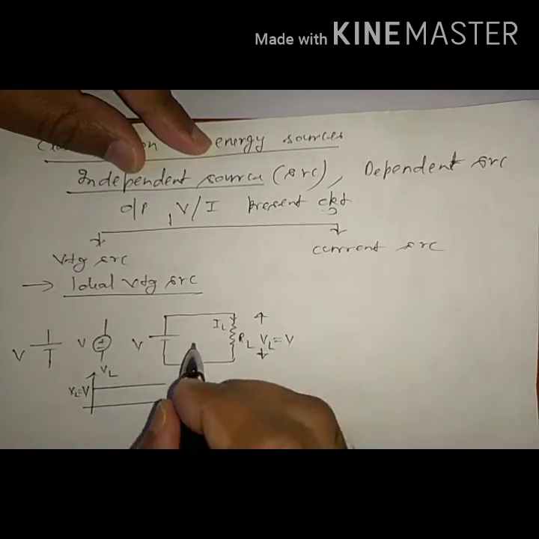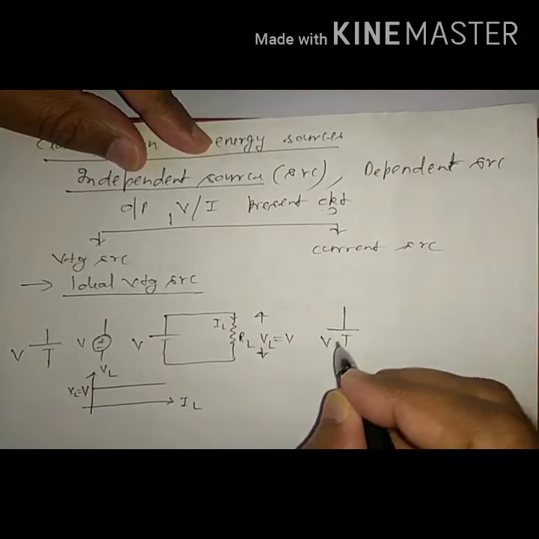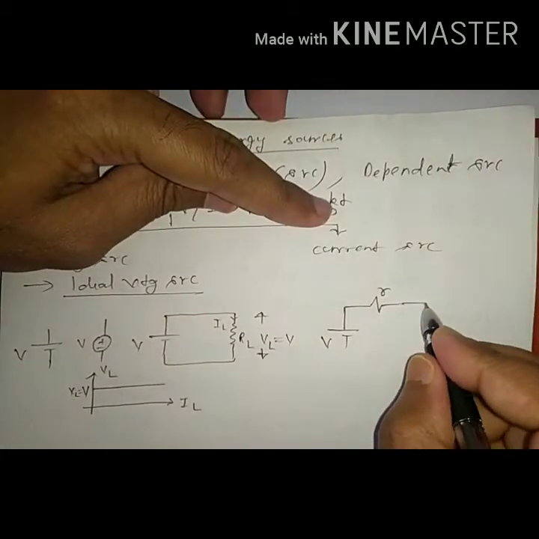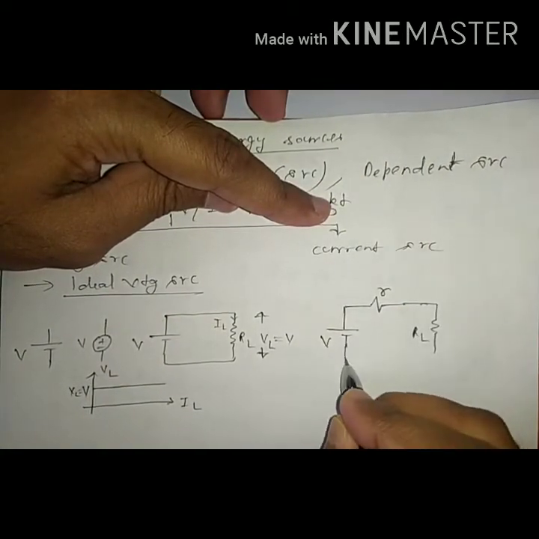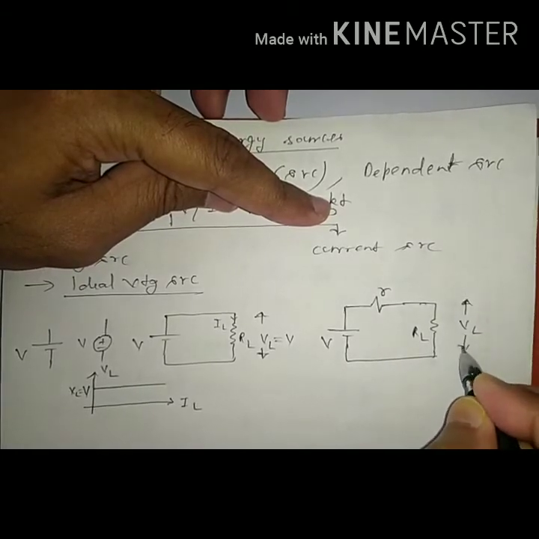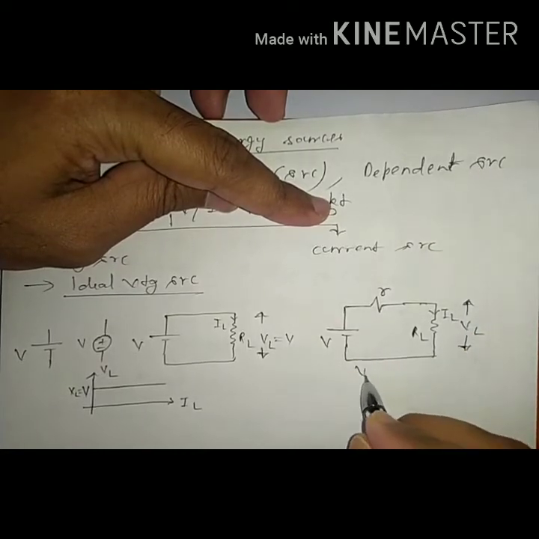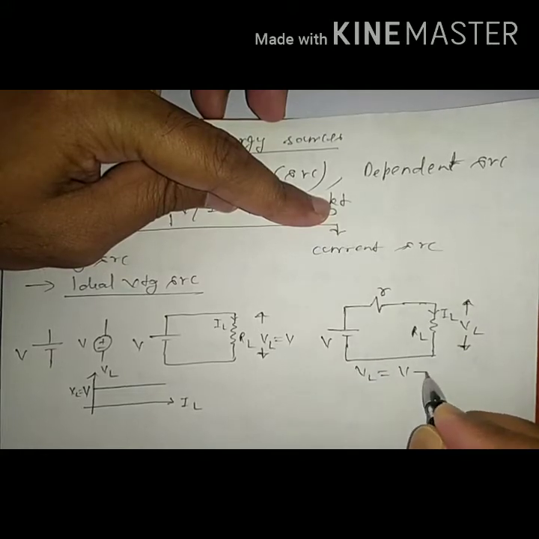But in a practical voltage source, there will be a voltage drop. So a practical voltage source can be denoted by a small source resistance, and after that we have the load resistance RL, with voltage across the load VL and current in the load IL. In this case, the load voltage will be the total voltage minus the drop across the source resistance. What is the drop?